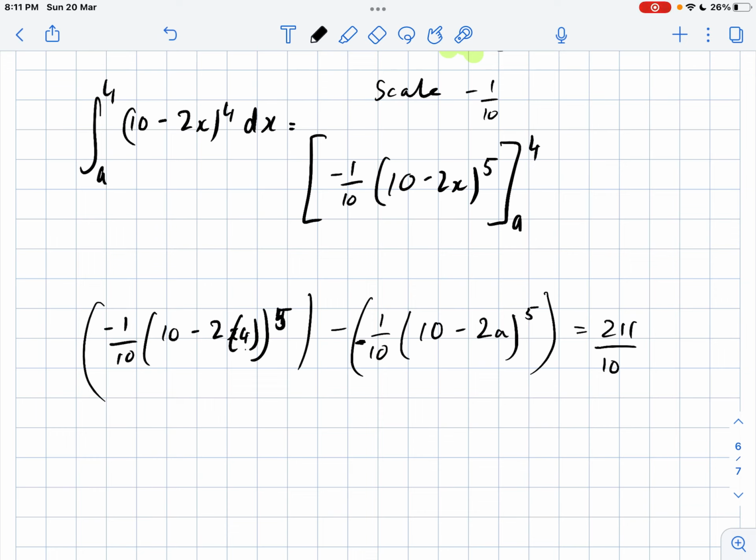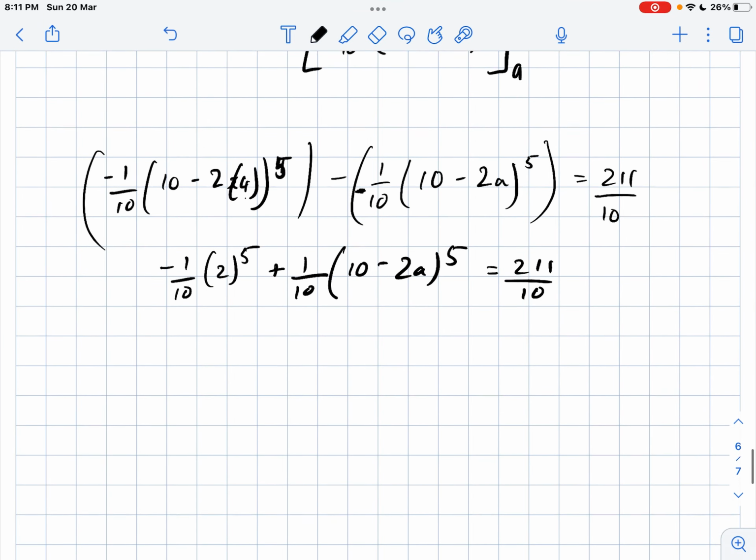So beginning to simplify and trying to solve this, this bit here, 2 lots of 4 is 8, 10 minus 8 is 2, so this bit is minus a tenth over 2 raised to the 5. Then being careful with this double negative, it becomes a plus a tenth of (10 minus 2a) all raised to the 5, which is 211 over 10.